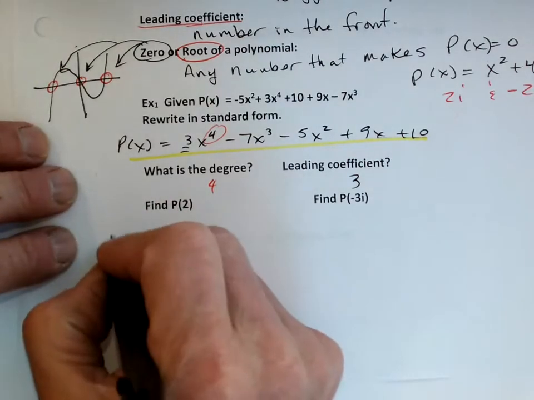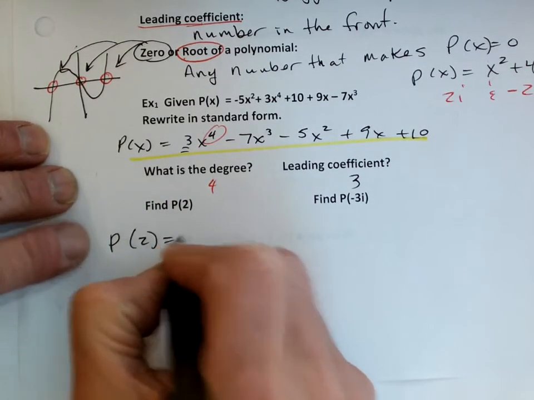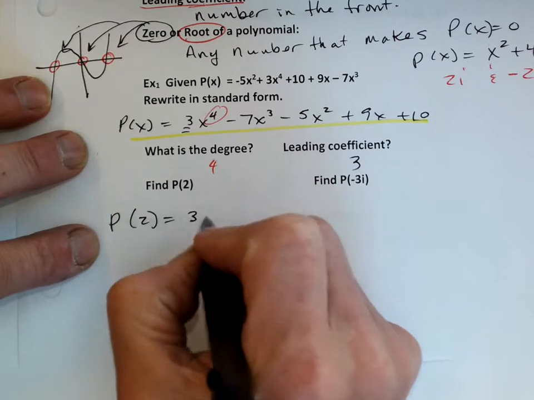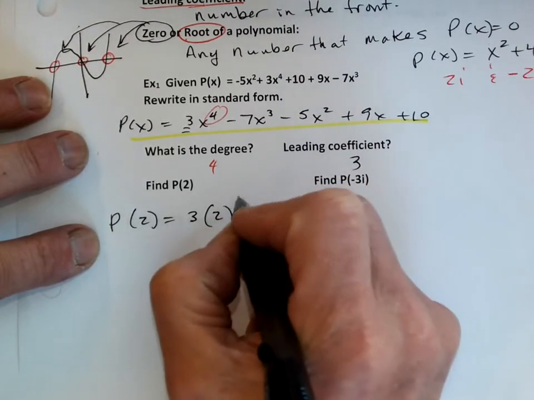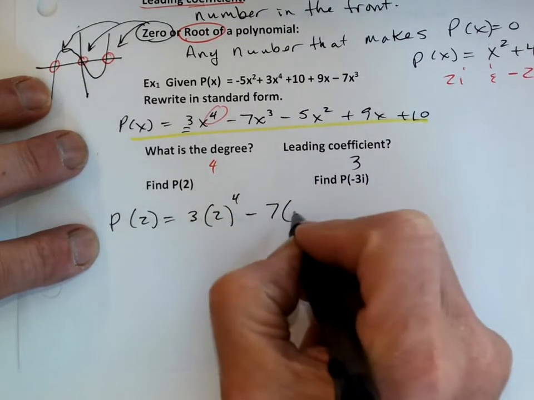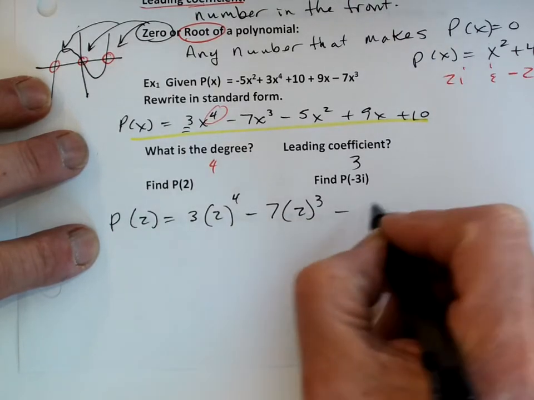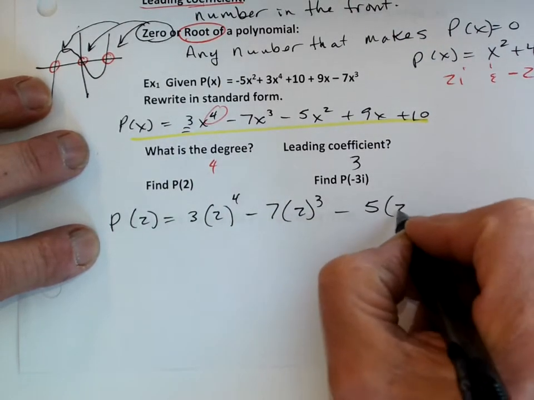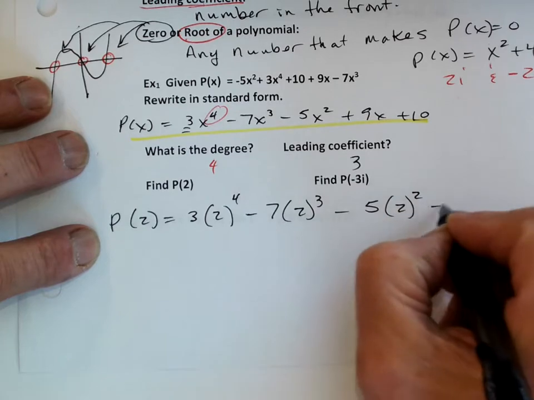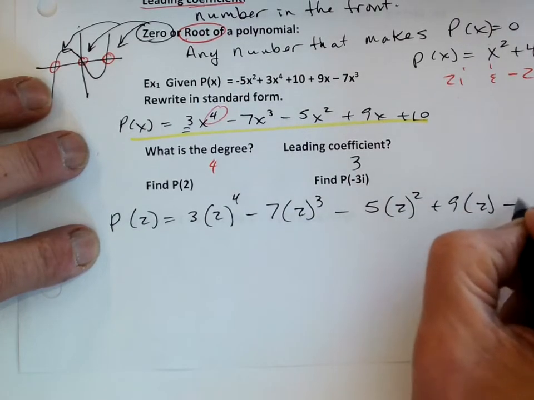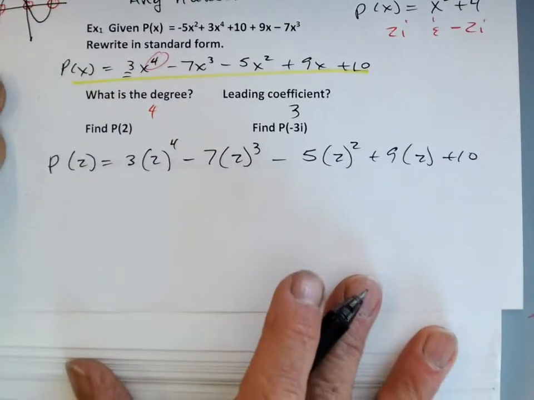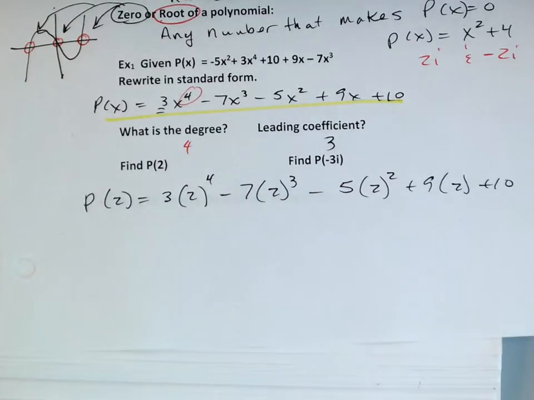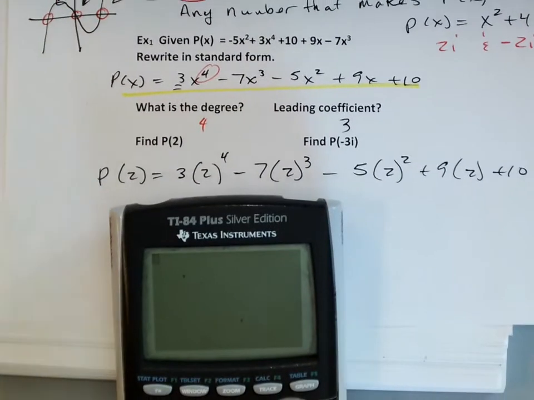So P of 2 is equal to 3 times 2 to the 4th power minus 7 times 2 to the 3rd power, minus 5 times 2 squared, plus 9 times 2 plus 10, right? I'm just going to use my calculator because that's too much work.